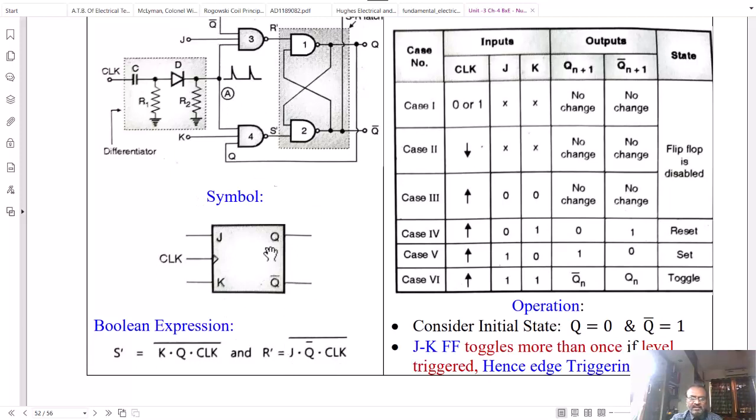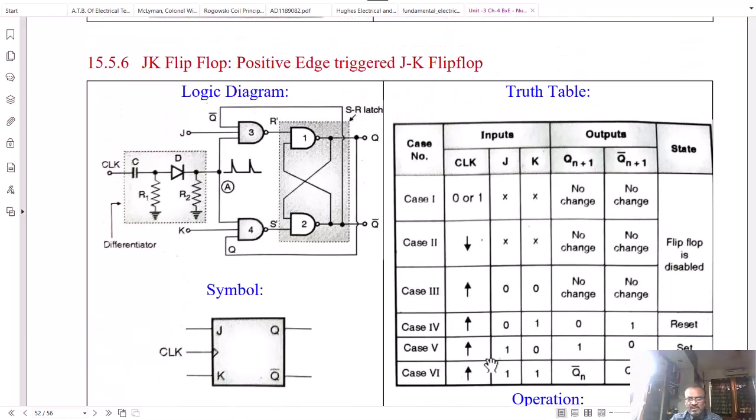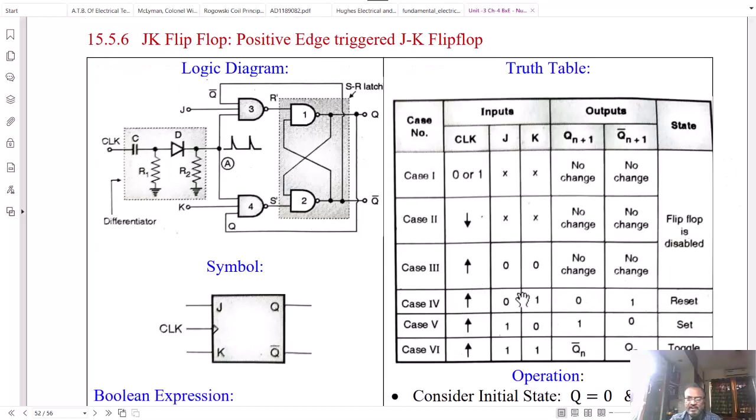And R dash is J, Q bar and clock, complemented by this inverter. So J, Q bar and clock complement will be R dash. The remaining operation of gate number 1 and 2 is the same as the general SR flip-flop using NAND gates we have already seen. So let us see the truth table.